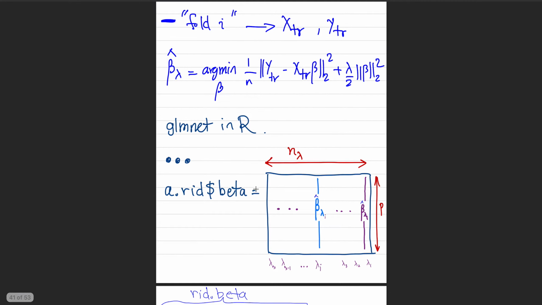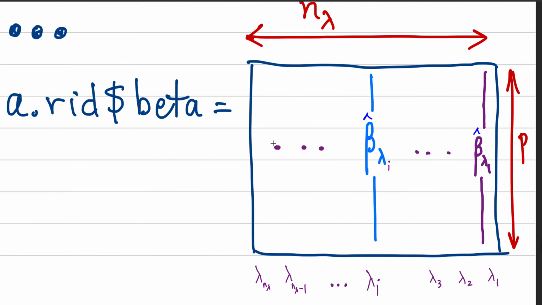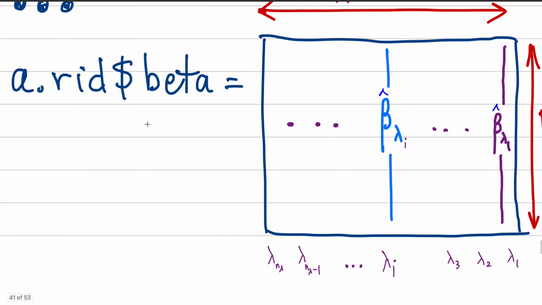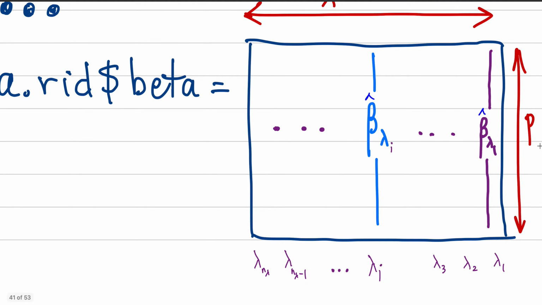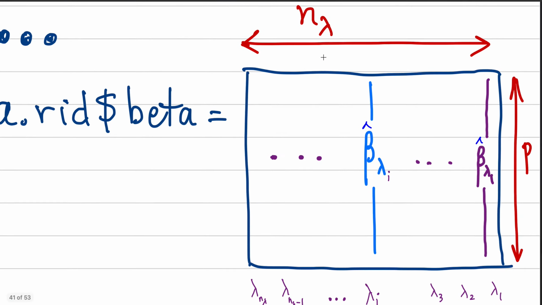we can get the betas. The beta coefficients of our elNet object will be a matrix with p rows and n lambda columns. Remember, n lambda because we have n lambda lambdas.